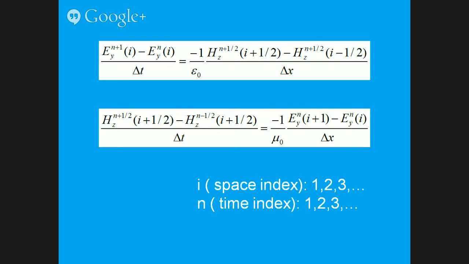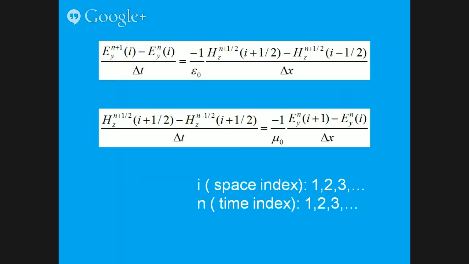And the time is also discretized because we have a derivative with respect to time, and the corresponding index is n over there. The components of electric field and magnetic field, Ey and Hz, are functions of I and n. So the first equation is the finite difference approximation of the first equation, and the second is the finite difference approximation of the second equation.